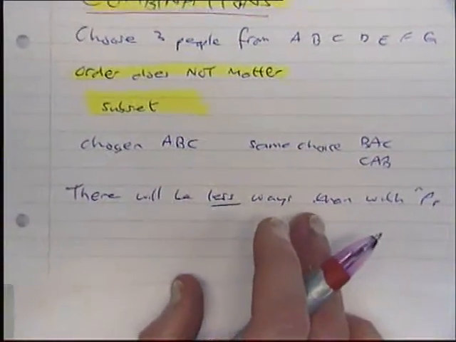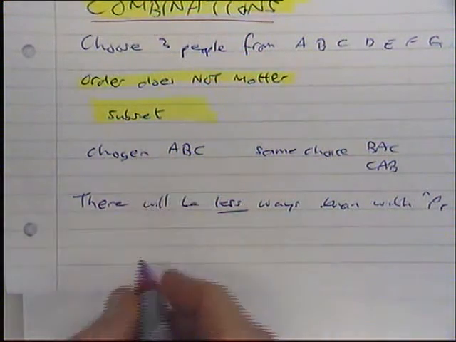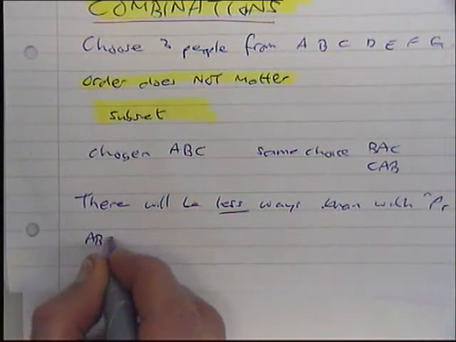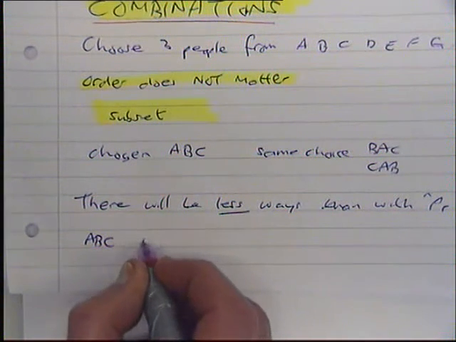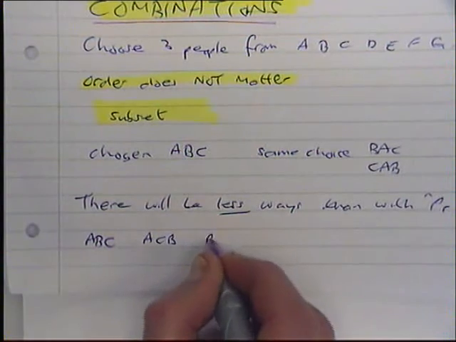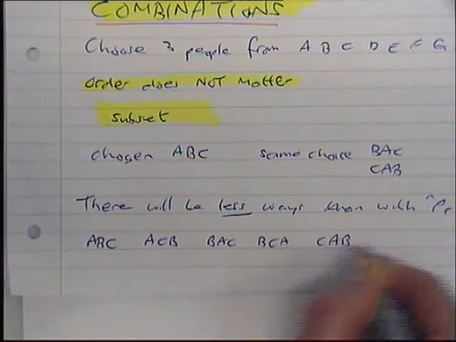That's working with the nPr thing. Now let's have a look in a minute. This ABC group, how many ways could I choose these three people? 6. Let's just see if we can get those down. 6 isn't very many.